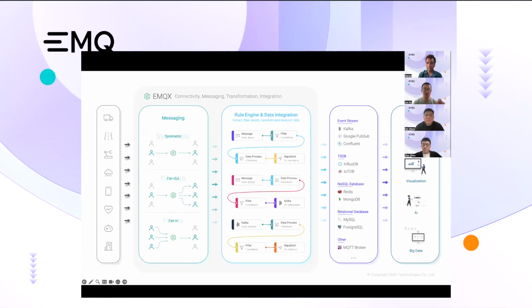So with the rule engine plus the data integration, you can manipulate those message data and ingest them into your data store. You can do some conditional judgments, and you can enrich your data, and then you can inject it into the database directly. Besides the data integration part, in the event stream here in the purple box, here is the sum of the data stores we can support.